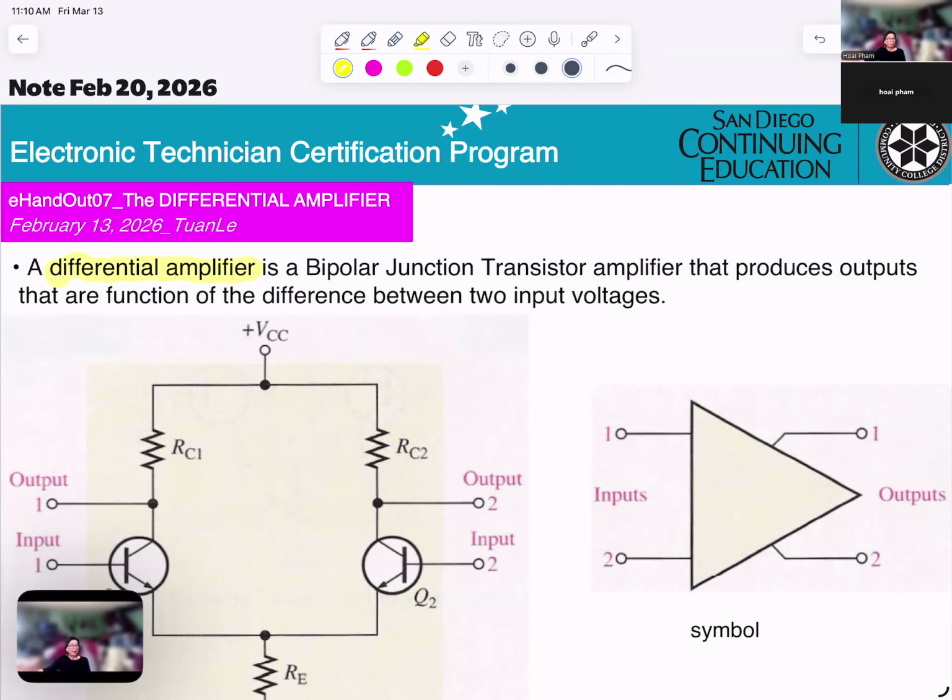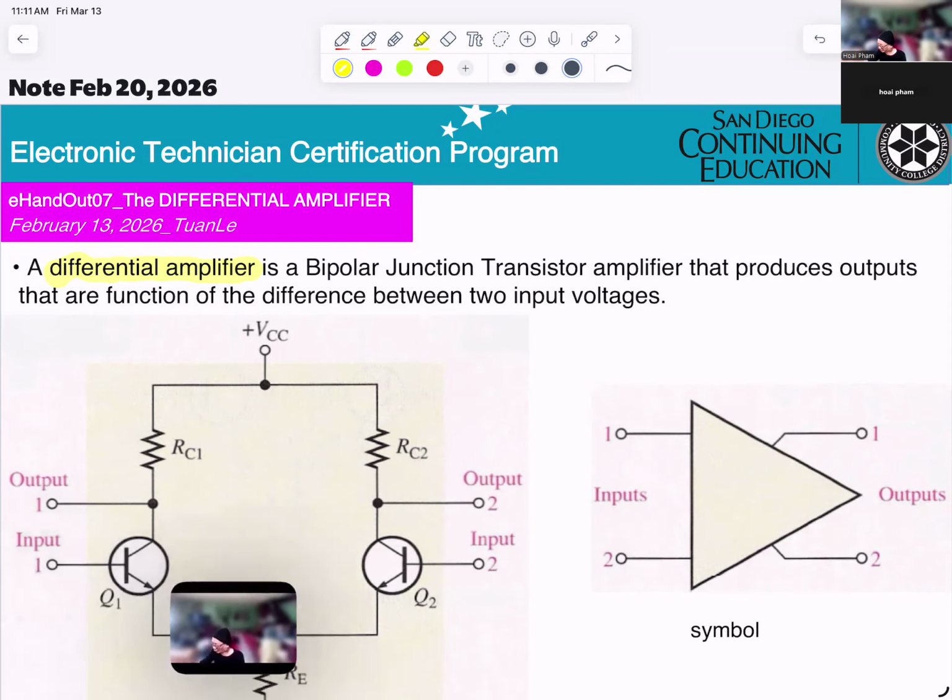That is a bipolar junction transistor amplifier that produces output that is a function of the difference between two input voltages.